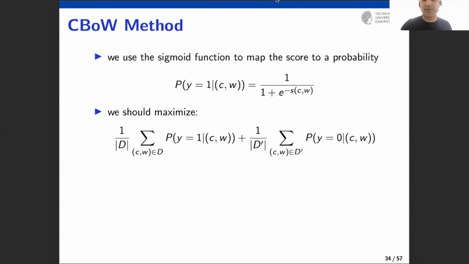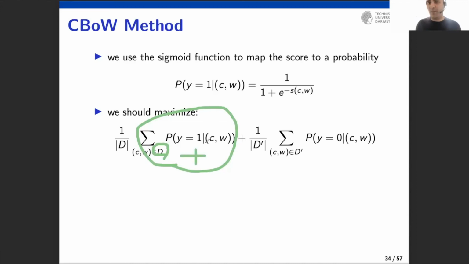Okay, but as you know, we want to maximize the probability of all the samples in the positive data set D. We know that these samples are positive, correct samples. W is a good fit for the given context in this training sample. So we should maximize the probability of predicting label 1 for this sample.